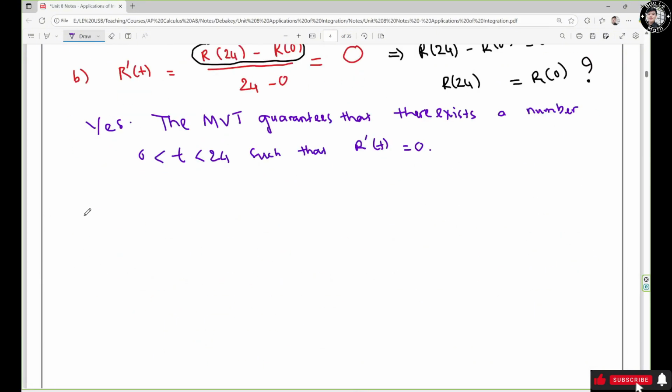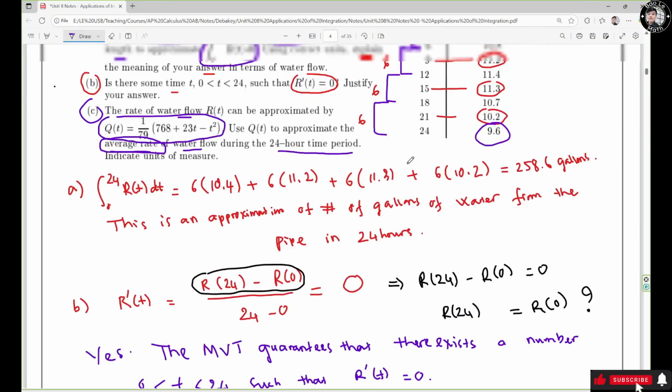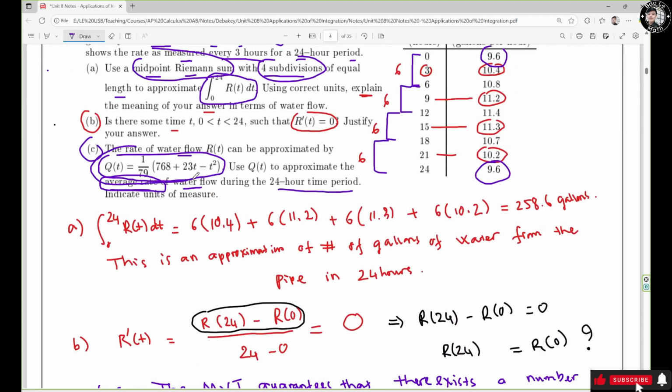So for question C, we have average rate of flow equals 1 over 24 minus 0 times the integral from 0 to 24 of this one right here.